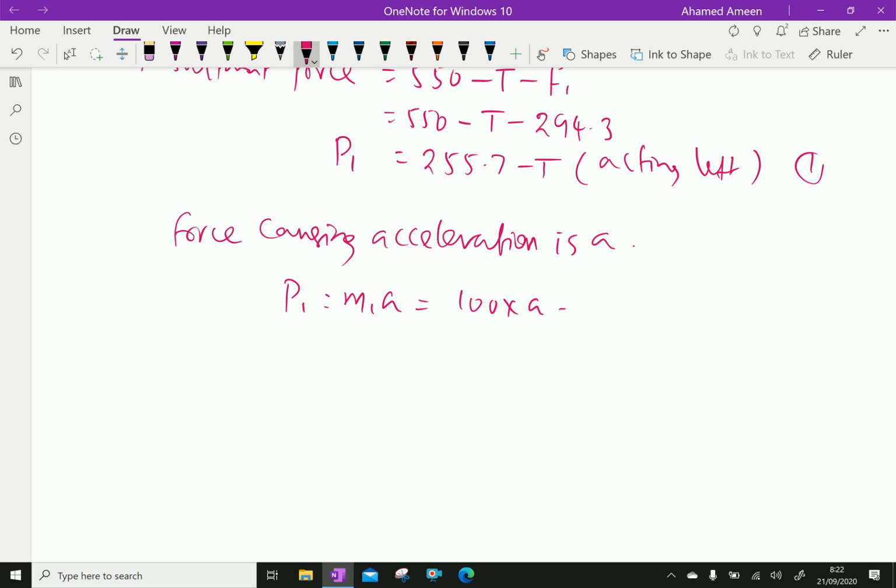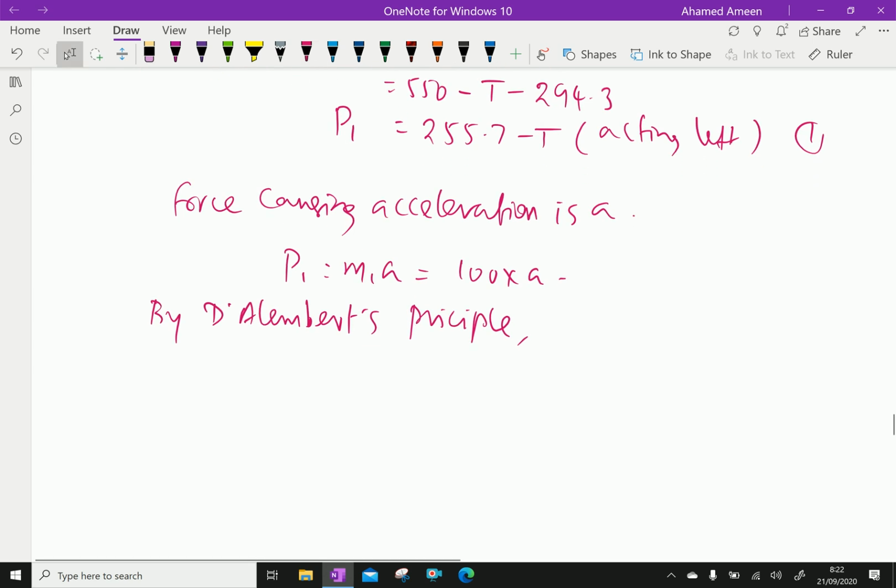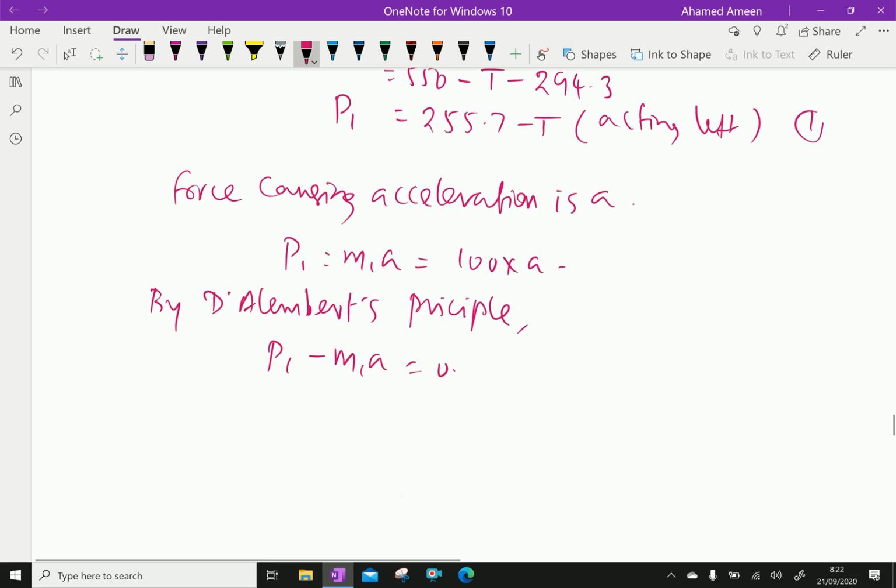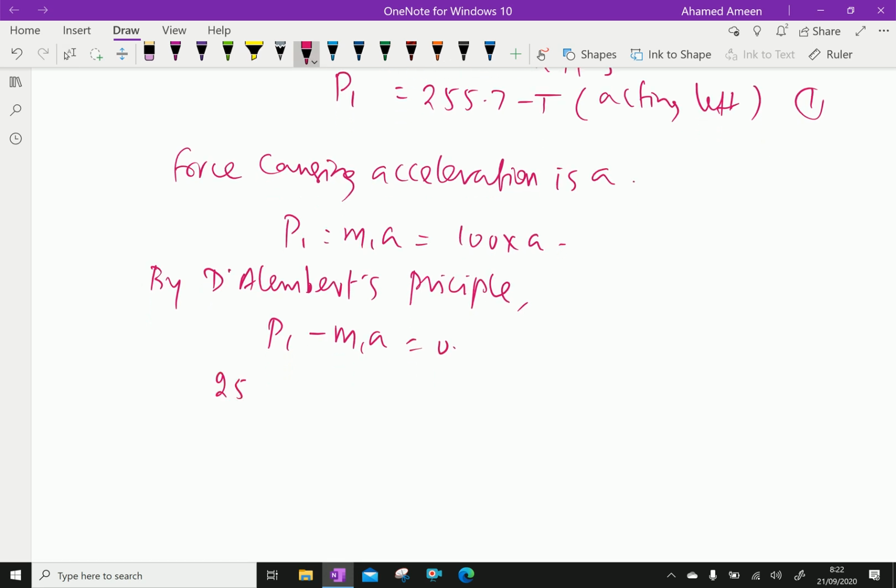Therefore, by D'Alembert's principle, P1 minus M1a equals 0. P1 is 255.7 minus T, minus 100a, because M1 is 100.